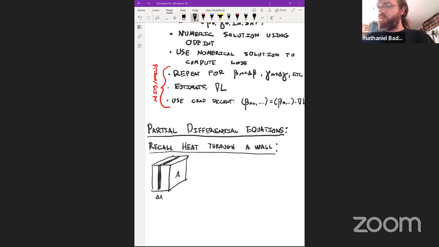Roughly, the rate of heat change in the section is given by the rate of heat being conducted in minus the rate of heat being conducted out.